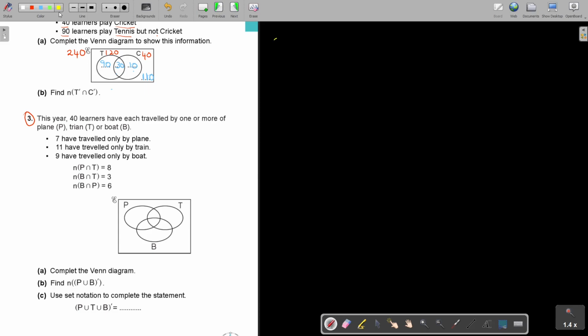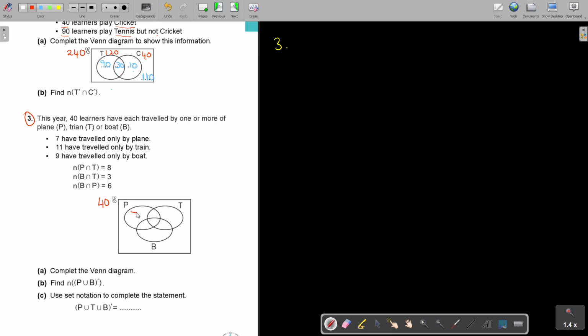But let's start. Number 3. This year, 40 learners have each traveled by one or more of plane, train, or boat. Okay, so it's going to be 40. 7 have traveled only by plane.